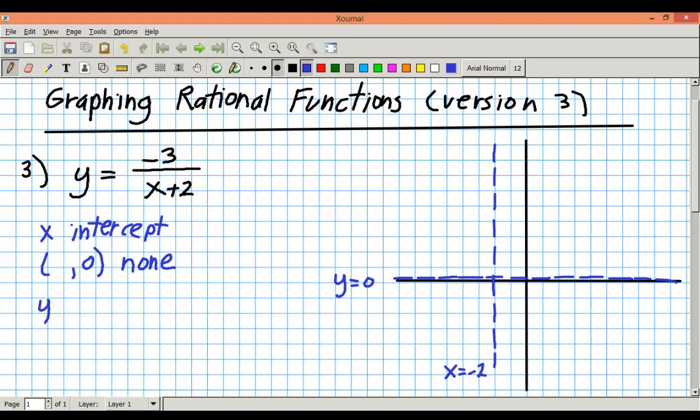See if we got any y-intercepts. Y-intercept is where x is 0. Put in 0 for x in the equation, you're going to get -3 over 2 for y. So that's going to give us a point at 0, -1.5.